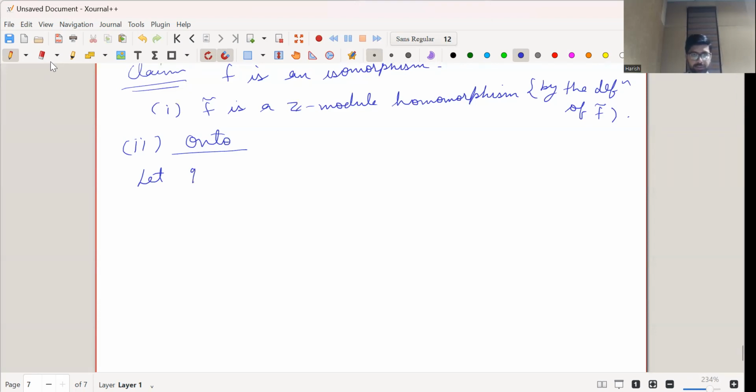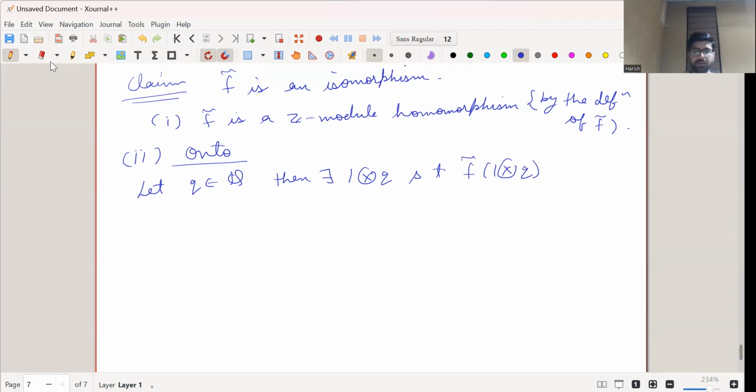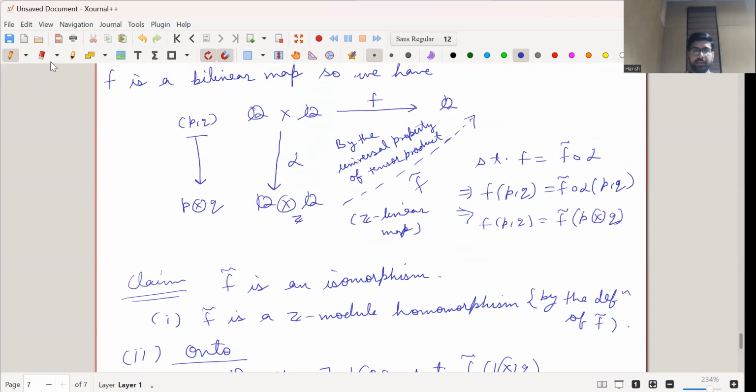We pick an arbitrary element small q from the codomain Q. We need to show that there exists something in the domain that is mapped to it through F delta.